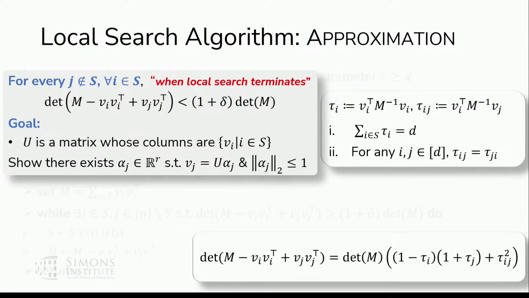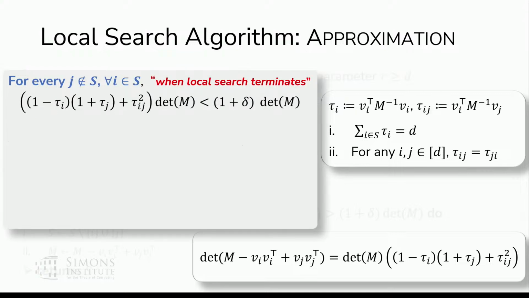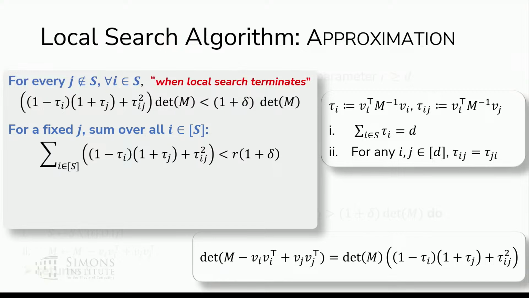So that was what I wanted to show. To see that, this is what we have for every j not in the spanner and every i in the spanner: I know that this holds. Then for fixed j, just sum over all i in the spanner.